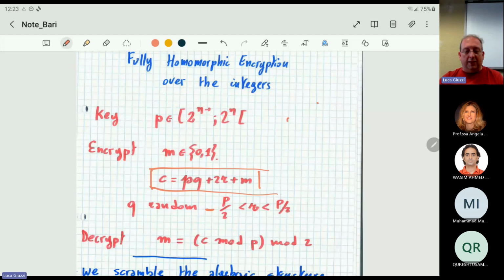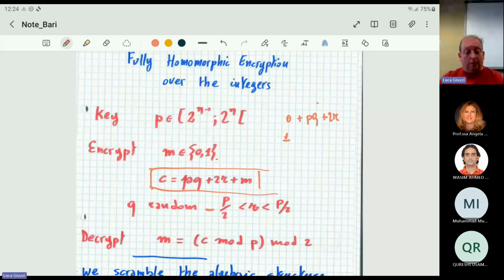So our bit, which is 0 or 1, is masked by adding something which is PQ, which is in general odd, plus 2R plus something else. And we say, well, what was the original bit? Was it 0 or was it 1?